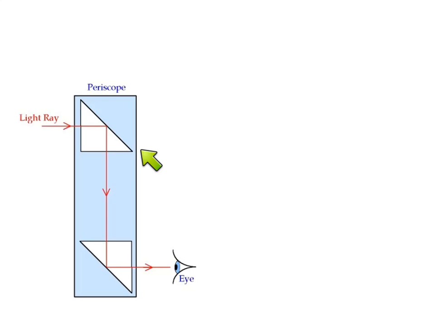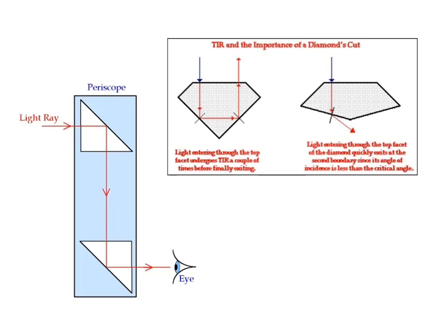So if you replace the mirrors with prisms, you can see the light goes straight in here, slows down but still goes in a straight line, totally internally reflects here as if it was a mirror, bounces down to this one, and does the same at this prism here and into your eye, and you get a nice clear image. So good periscopes are made with prisms and not mirrors.